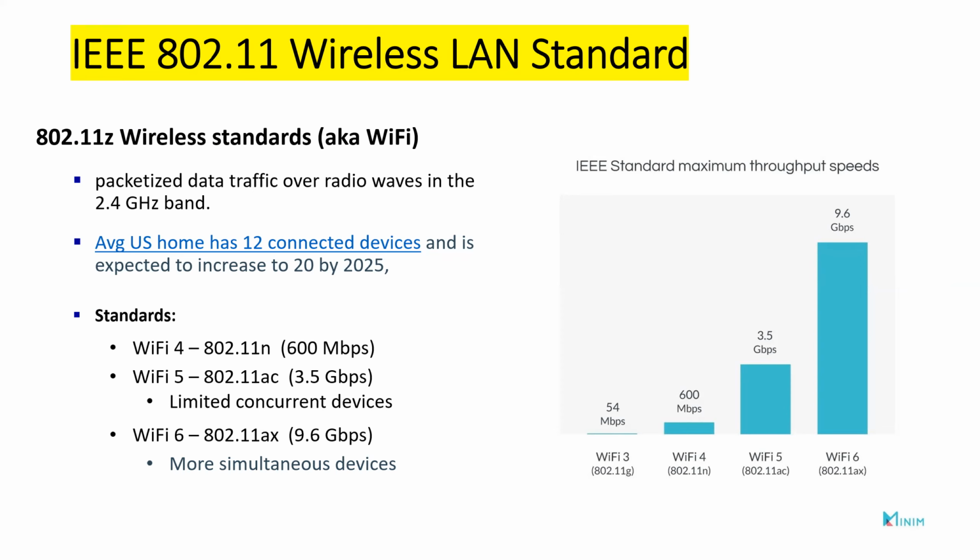You are probably connected to a resource that's running at Wi-Fi 5, 802.11 AC. You can look at your Wi-Fi properties on your device, and then the hardware properties. You'll see what protocol and what encryption is running on your Wi-Fi connection.